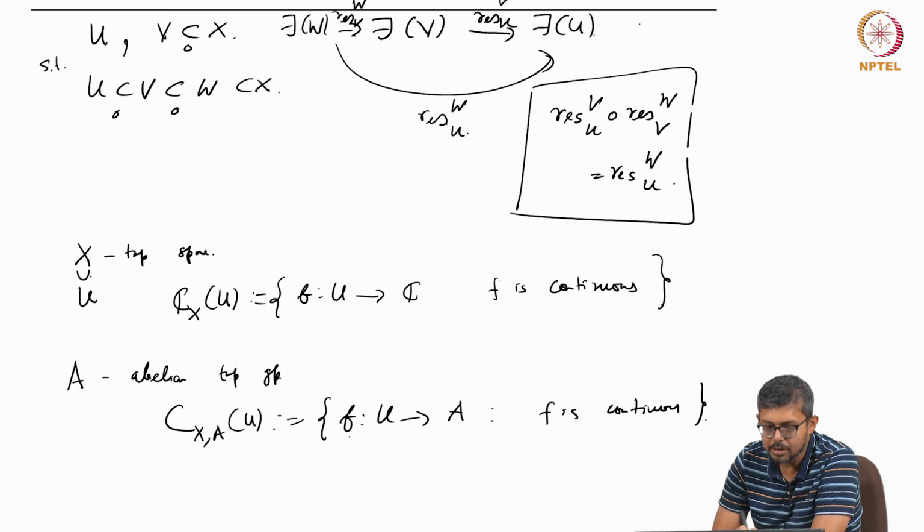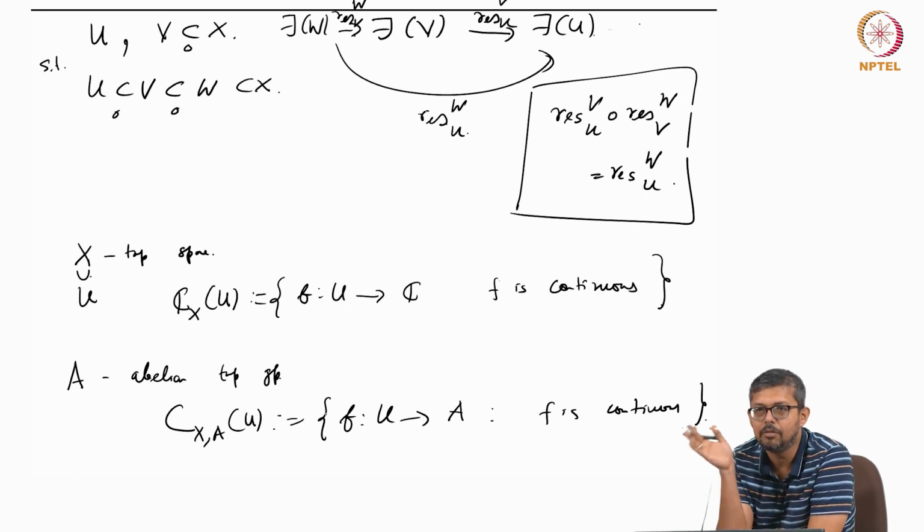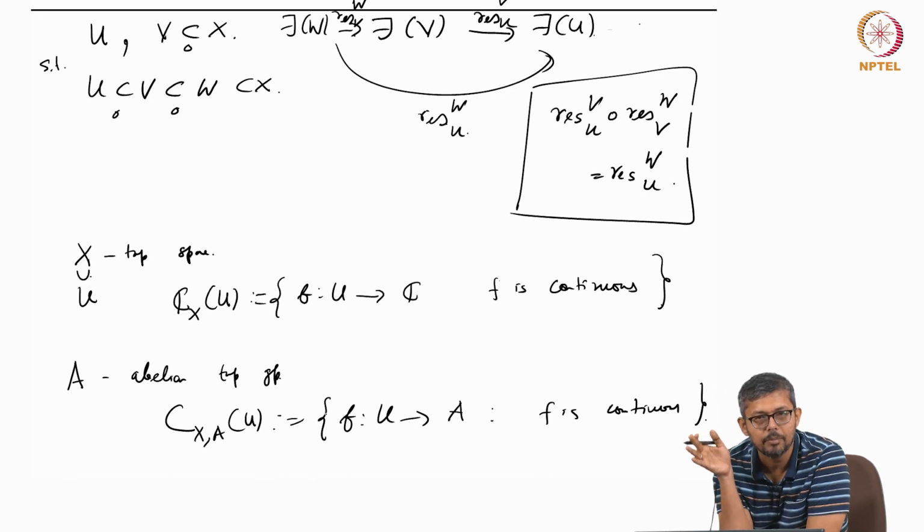I want these groups to be abelian because if it takes values in something abelian, then you can sum, and that will remain abelian.